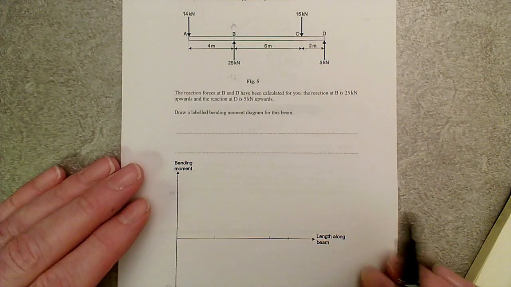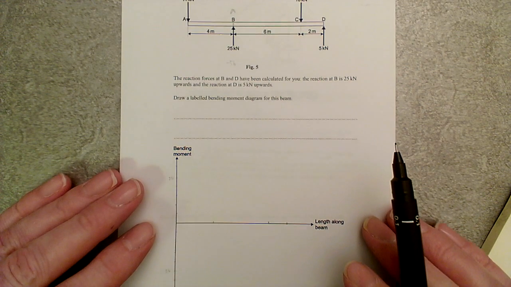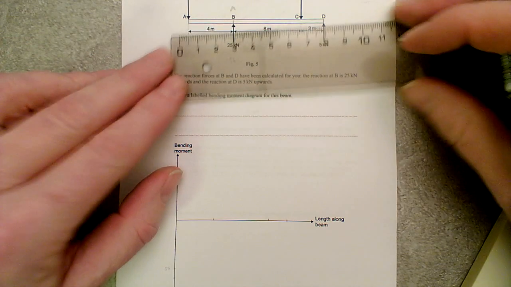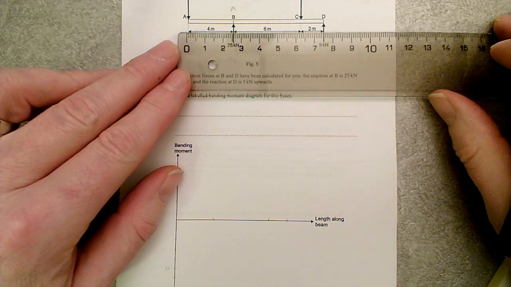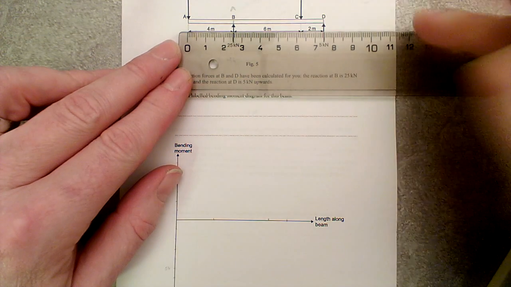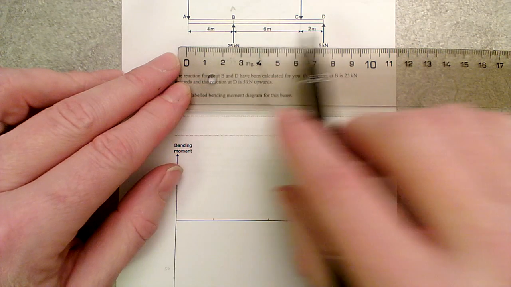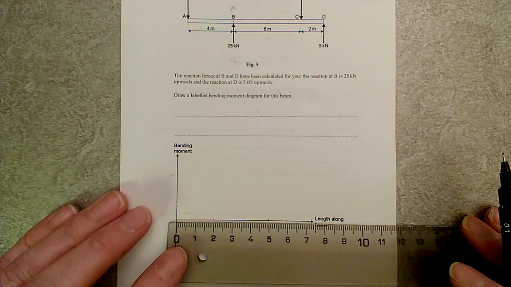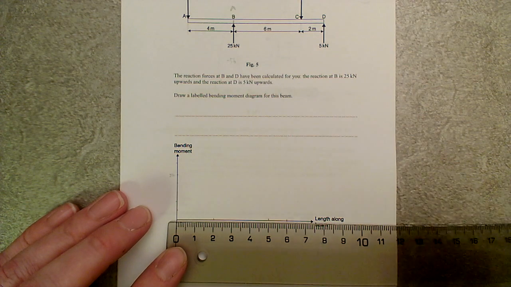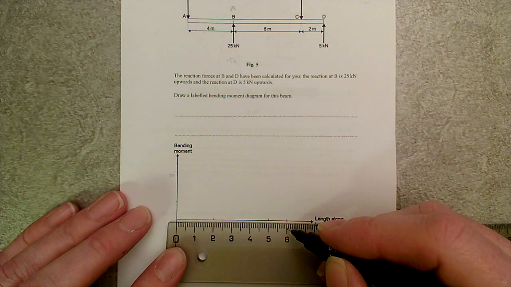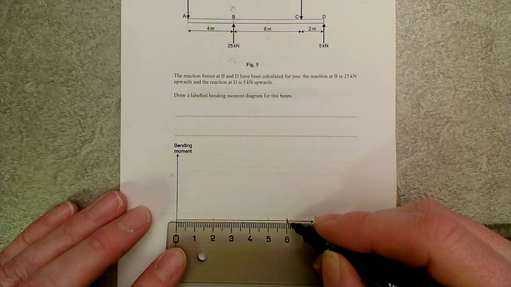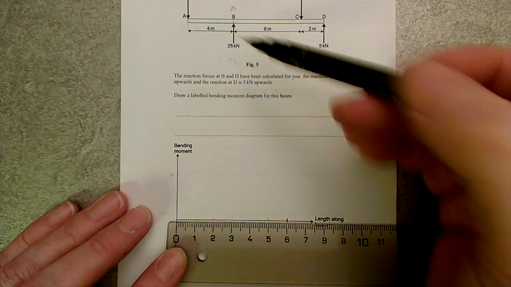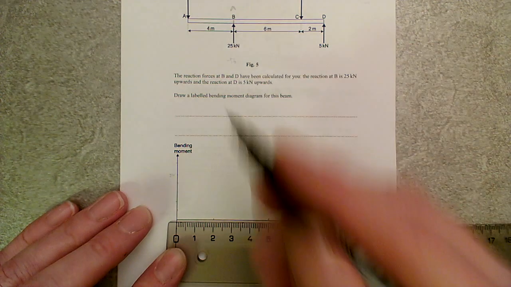Now then, to make things simpler for yourself, although the diagram isn't perfectly to scale, it's roughly estimatable. So it's 4 metres, 6 metres and 2 metres, so it's a total of 12 metres. What I've done down here is I've looked at that scale and said, well, I've got 6 centimetres, so I'm going to give myself 1 centimetre, 10 millimetres, to represent 2 metres.